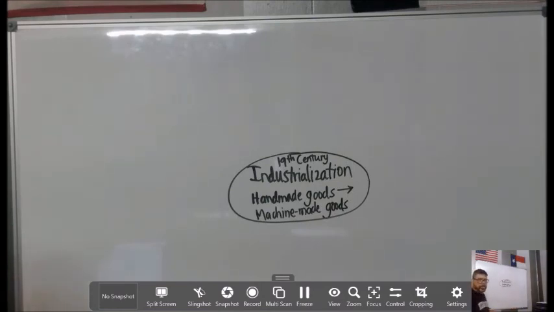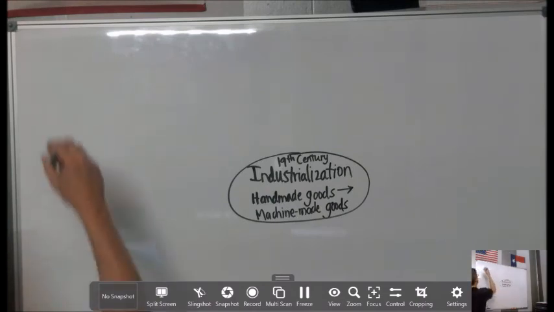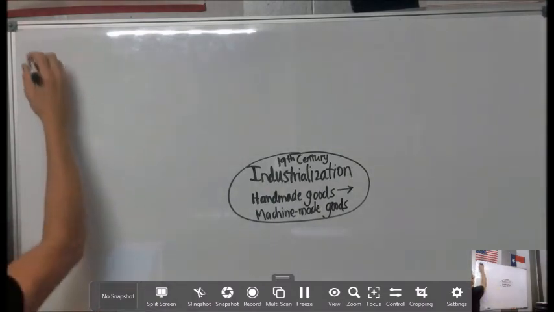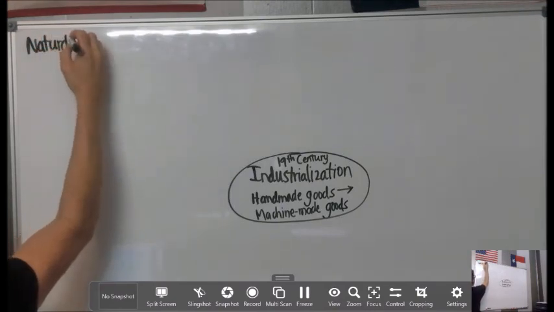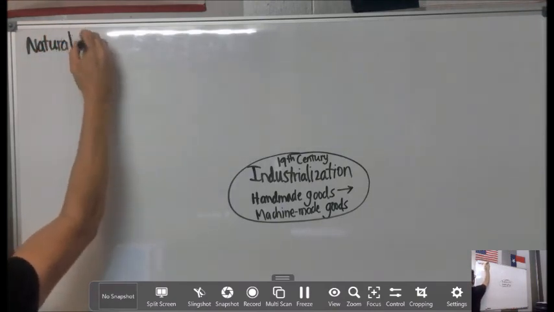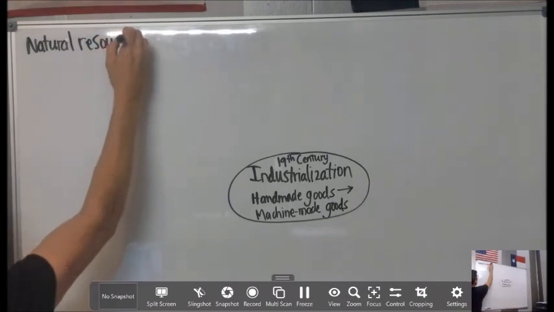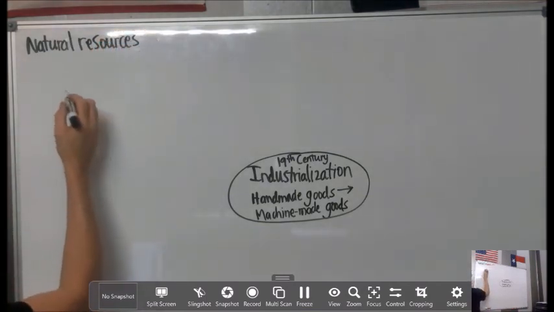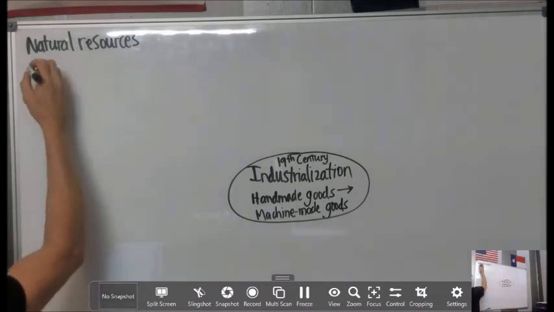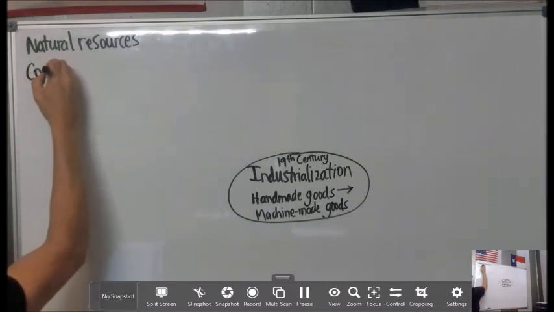Okay, first of all, in order for industrialization to take place, you have to have plenty of natural resources. And America had plenty. And so we know that back in the 19th century, coal was essential.